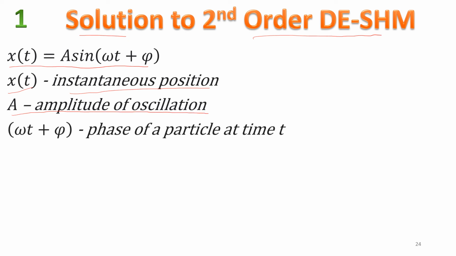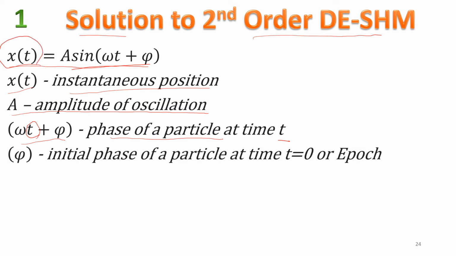Then omega t plus phi we shall call the phase of a particle at time t. As the time t changes, this phase will change. As this phase changes, the sinusoidal of the phase will come into picture, which is multiplied by the amplitude of oscillation, and that makes the solution of the differential equation.